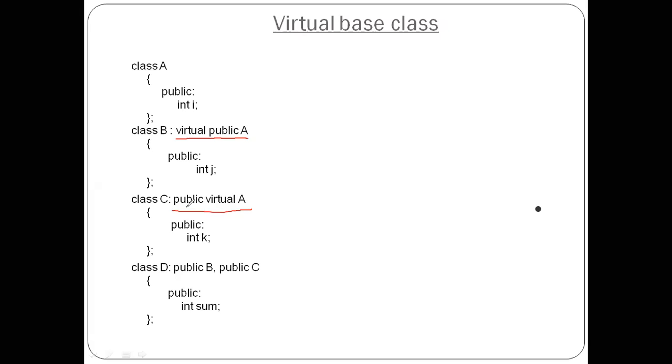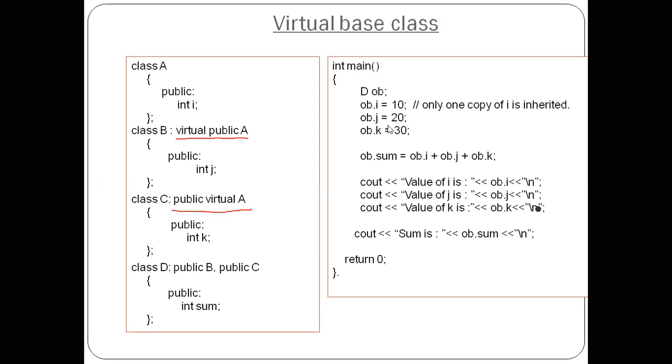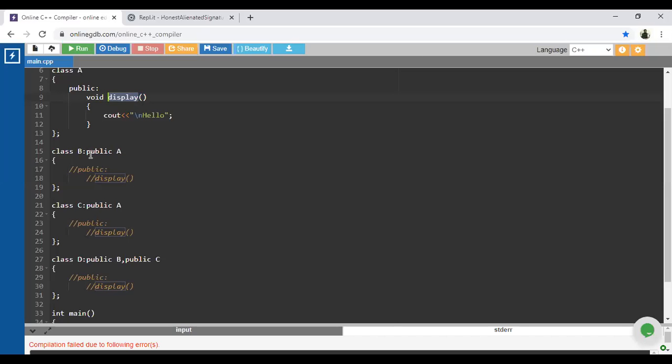So I will show you the actual implementation of this. Okay, I will show you the previous example as it is. What we have written here: either use the virtual keyword before public, or after public.